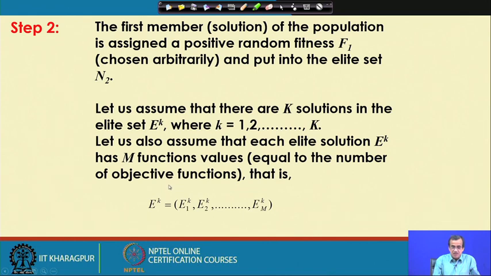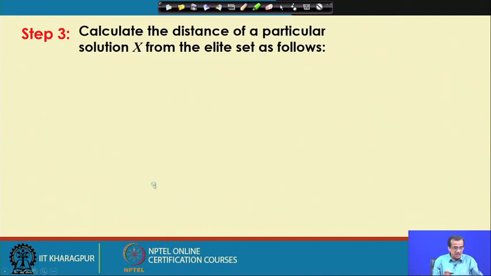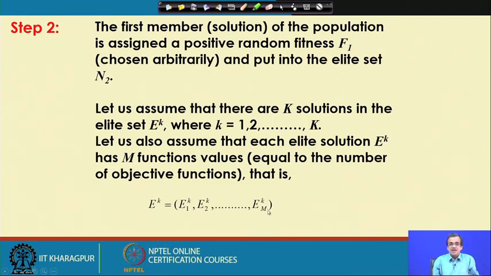E_k is the kth solution lying on the non-dominated front, and to represent it I use capital M numerical values, because it has capital M objective functions: one corresponding to the first objective, one to the second, up to the Mth objective.